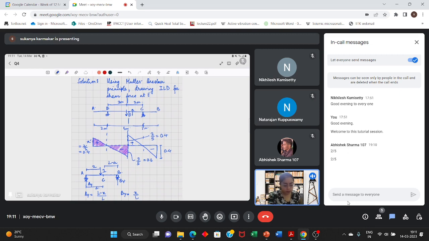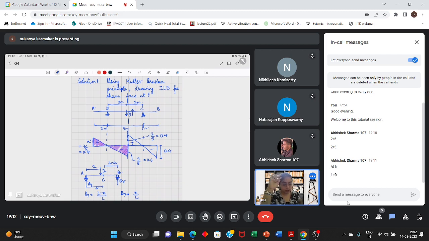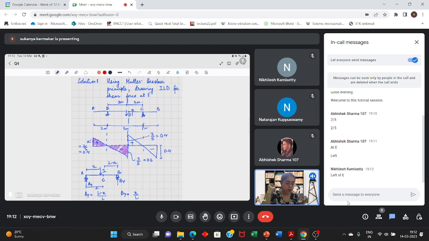You will place it at point E itself, and to the left side of point E or to the right side of point E? To the left. Why to the left of E? Because from the influence line diagram, we can see that the ordinate is 0.6, and on the right side it is 0.4.